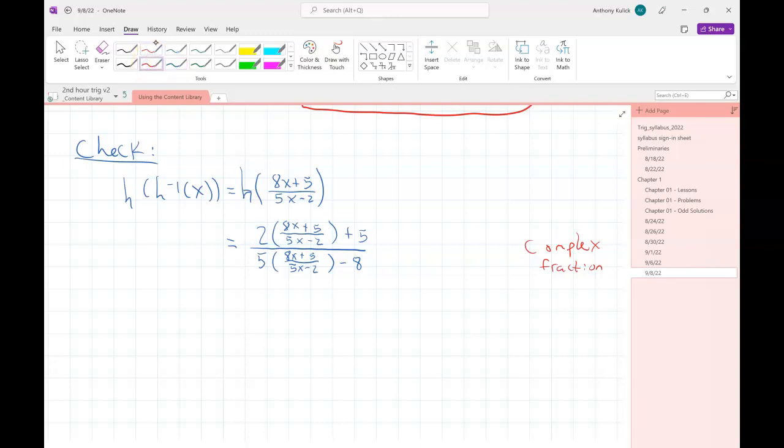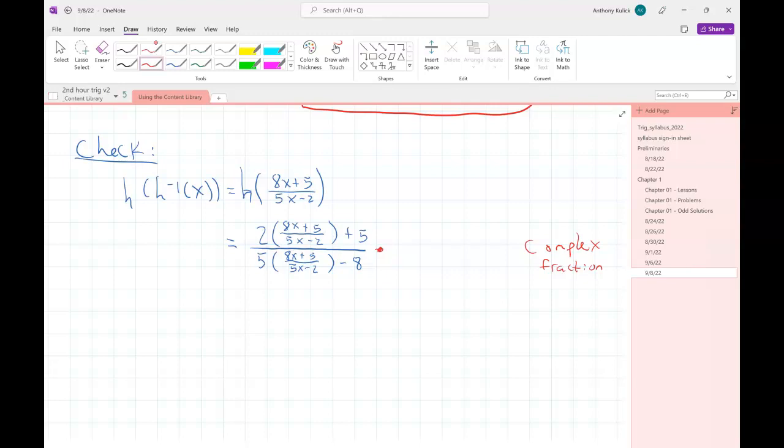Okay. So what I want to do first is take care of the fractions inside of fractions, right? A fraction is bad enough on its own, but these fractions inside of the fraction are just making my head ache a little bit. So here's the trick. I'm going to multiply the top and bottom of this fraction by something. The something that I'm going to use is the least common multiple of all the denominators.